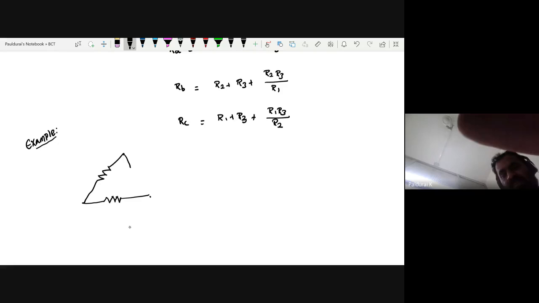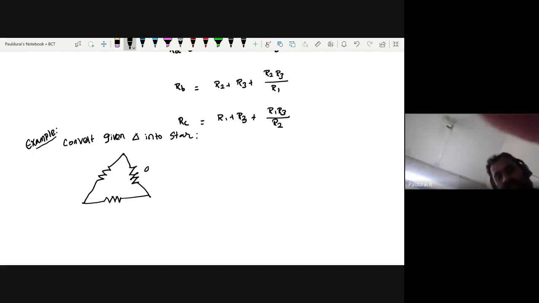Convert the given delta into star. The problem is to convert the given delta into star, or find the equivalent star network. Take R equal to 9.